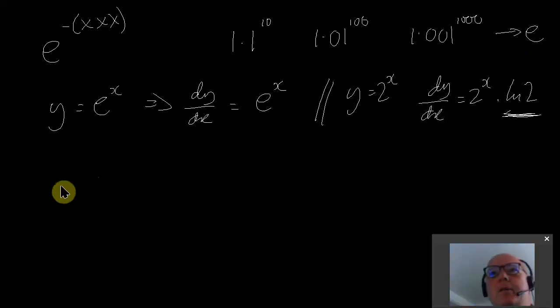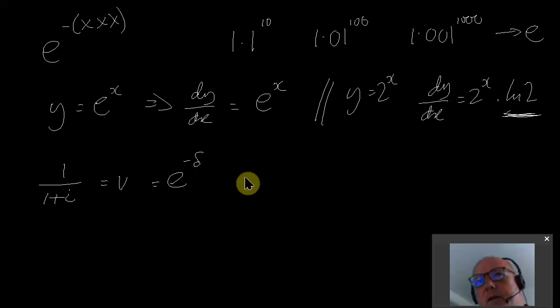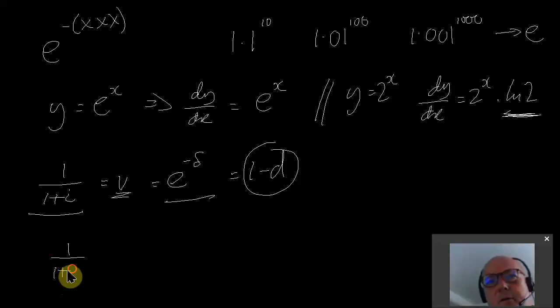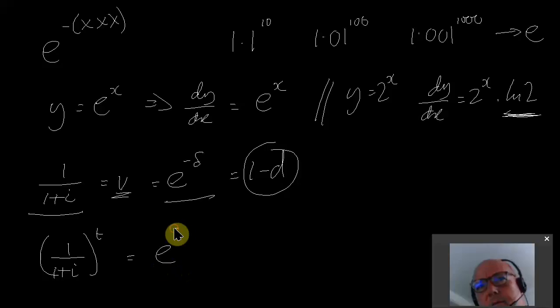So let's remind ourselves where we saw e before. We saw it in this context that 1 over 1 plus i is equal to v is equal to e to the minus delta is equal to 1 minus d. Now I said that one's not terribly important. That's just notationally convenient. But really what we're dealing with here is this is equal to this, and if you generalize it for different times t, that is e to the minus delta t.